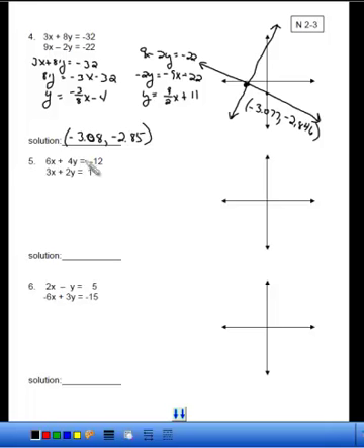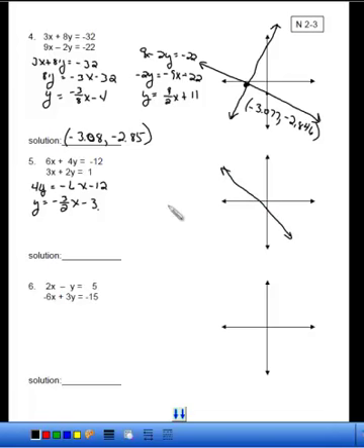On this one we have 6x plus 4y equals negative 12. So we're going to leave the 4y and subtract the 6x across. We divide by 4. That's going to be negative 3/2 x minus 3. So that's going to come in here something like this.